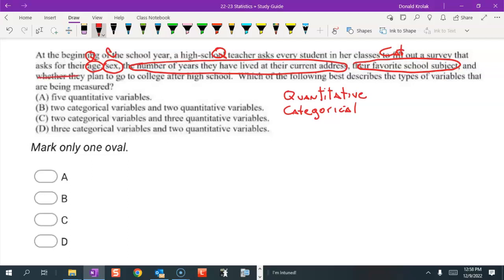Whether you plan to go to college or not, you'd answer that with a yes or no, so that would be a category. So we have 1, 2 quantitative, and we have 1, 2, 3 categorical. So our answer is D.